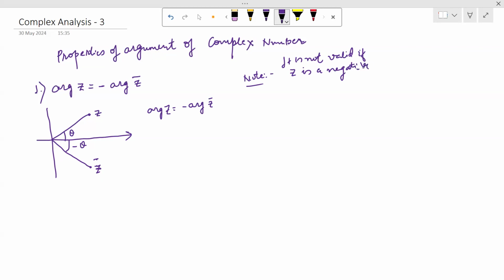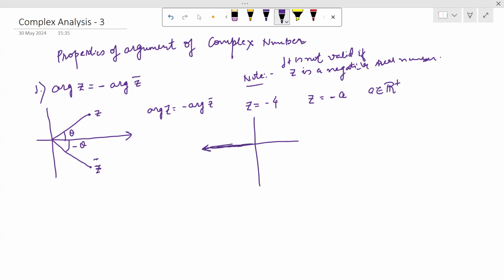Why? Because you've already seen that if, let's say, Z is equal to minus 4, or in general, Z is equal to minus A, where A is a positive real number, then clearly this would lie on the negative real axis.